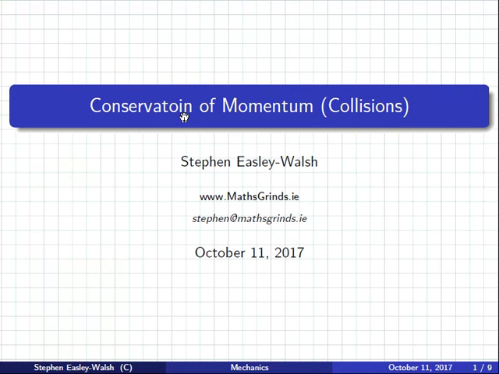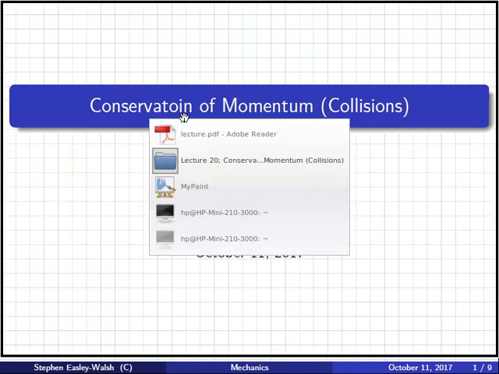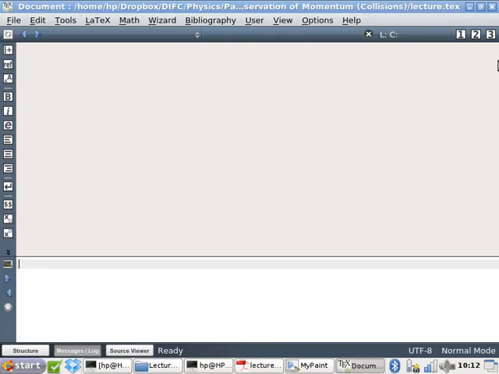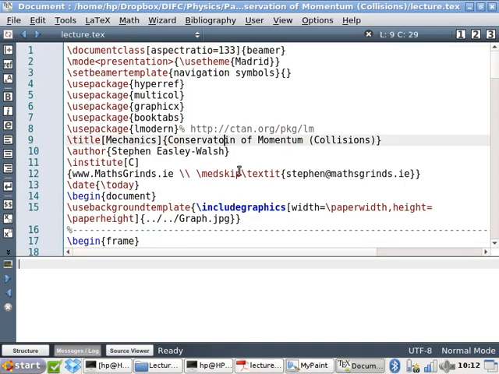Conservation of momentum. Got that? Yeah. Let me just fix that typo. Alright.